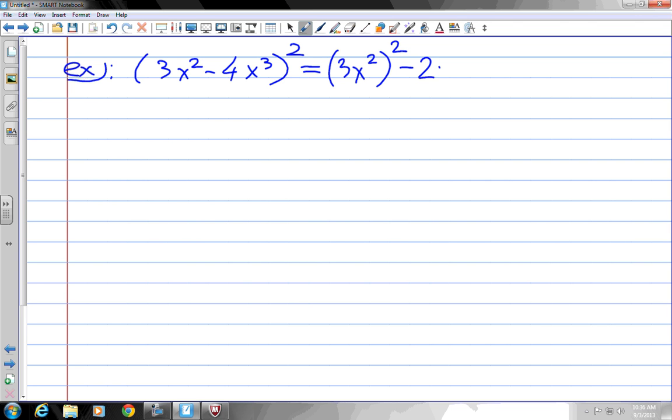Minus 2, 2 is always part of the formula, times the first term, which is 3x squared, times the second term, 4x cubed. And I don't need to carry the negative anymore, I already took care of the negative. And then plus 4x cubed quantity squared.